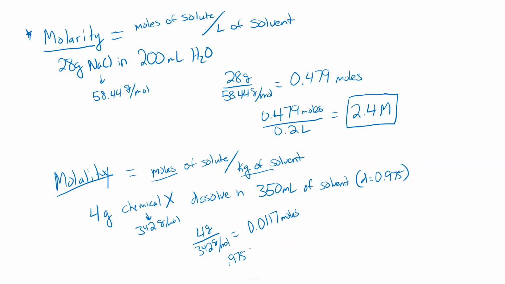I forgot my units. Kilograms per liter times 0.350 liters. Right, so liters will cancel out, and we get a number for kilograms, 0.341 kilograms. So moles per kilogram, we just got to divide these two, 0.0117 divided by 0.341 equals 0.034 molal.